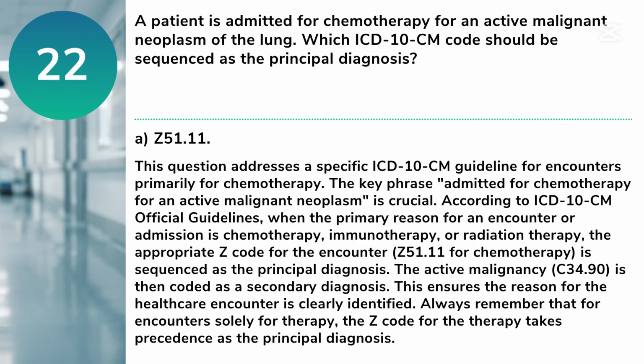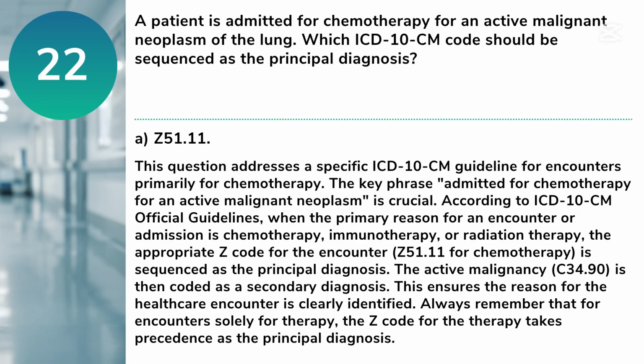According to ICD-10-CM official guidelines, when the primary reason for an encounter or admission is chemotherapy, immunotherapy, or radiation therapy, the appropriate Z code for the encounter, Z51.11 for chemotherapy, is sequenced as the principal diagnosis. The active malignancy, C34.90, is then coded as a secondary diagnosis. This ensures the reason for the healthcare encounter is clearly identified.